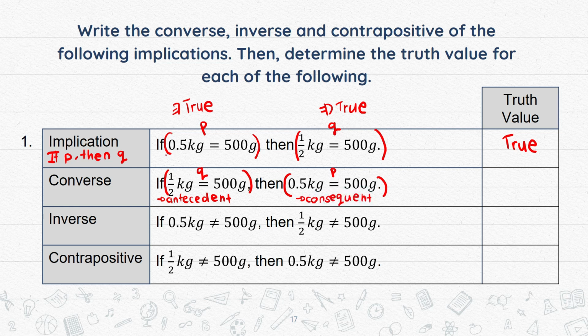For the implication, P is the antecedent and Q is the consequent.